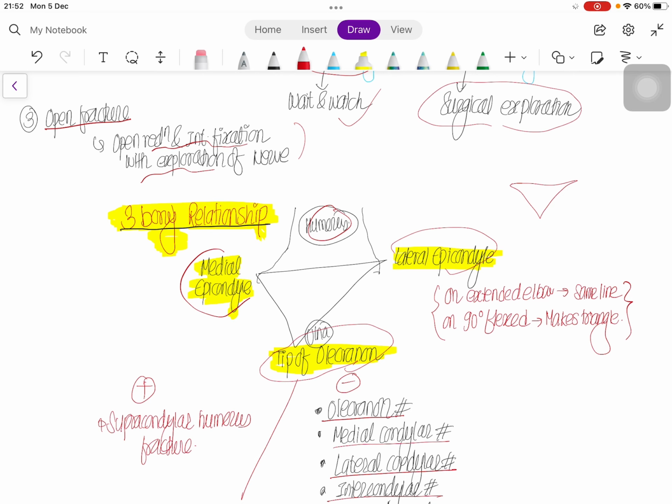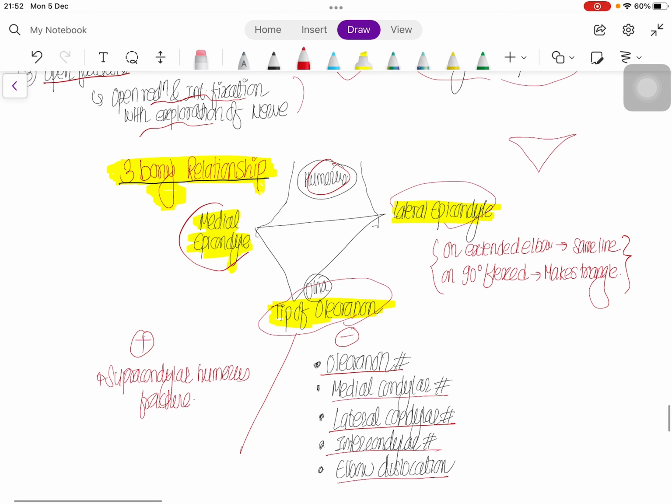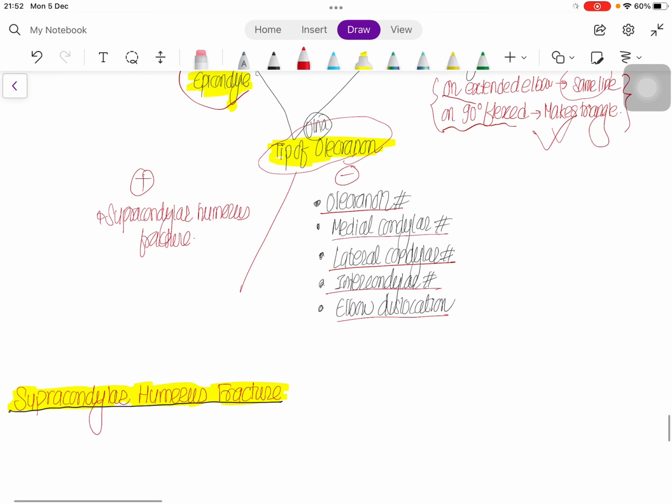These 3 bony prominences make a triangle. If this figure is displaced, we can suspect some fractures. This triangle is seen in 90-degree flexion, and in the extended elbow these 3 points will be in the same line.